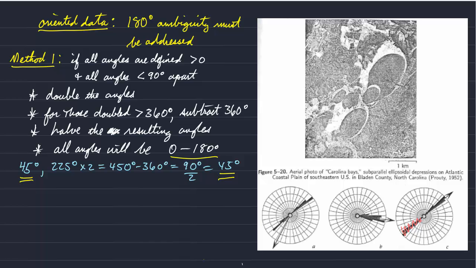So let's consider a case in which we have, I'm just going to draw a unit circle, and let's say we have one measured angle, say 20 degrees, and another measured angle, say at 160 degrees.